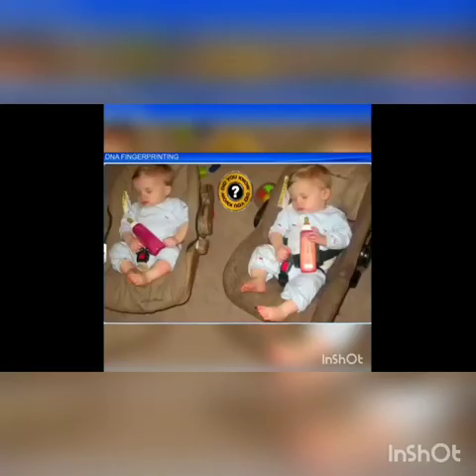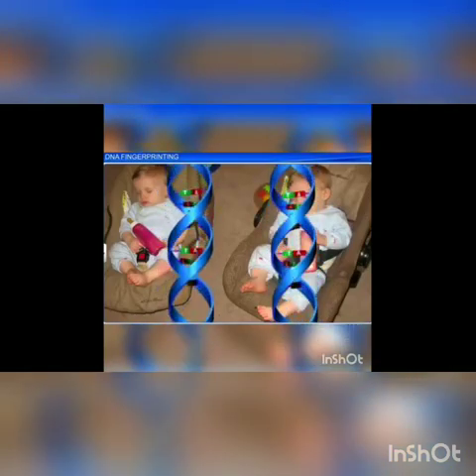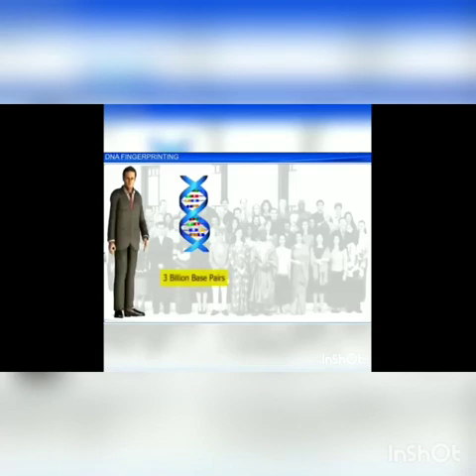DNA fingerprinting. Each of us has the same chemical structure of DNA, but there are millions of differences in the DNA sequences of base pairs. This makes for the uniqueness among us, so that each of us, except identical twins, is genetically different from each other. The DNA of a person, like fingerprints, is unique.